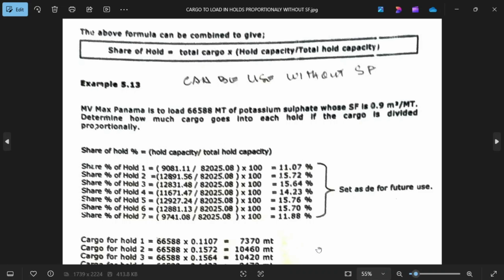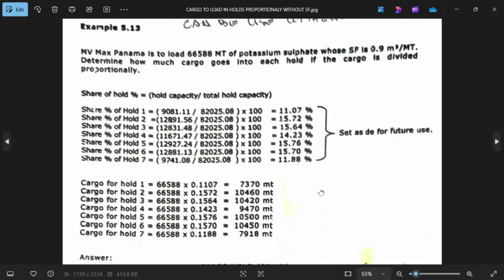Then we proceed to the next. Again, you put all your cargo holds 1 to 7, and this will be your total cargo to load, which is 66,588. Then you multiply it by your percentage.